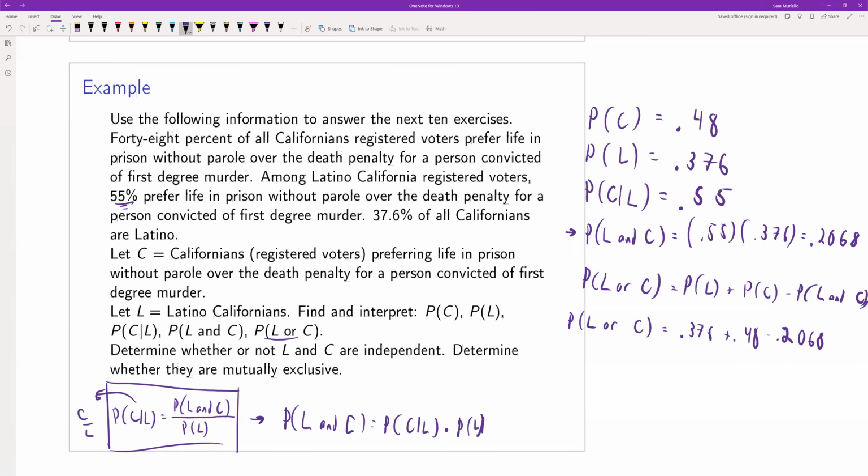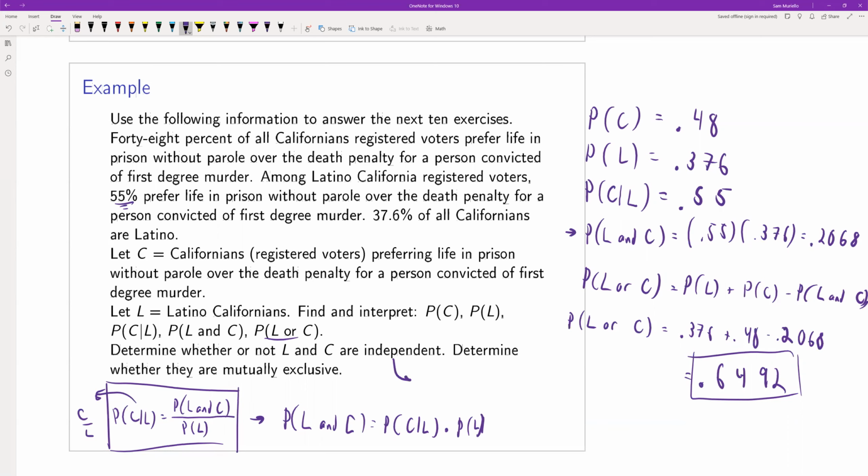So let's add that all up. 0.376 plus 0.48 minus the overlap of 0.2068 gives us 0.6492. 64.92% of voters either are Latino Californians or they prefer life in prison over the death penalty for this crime, or both. We are including both here. We're just not including the overlap twice. We're only subtracting it away once because it was already included twice.